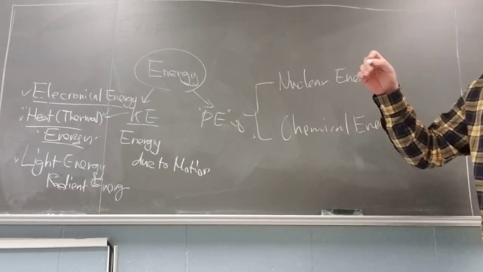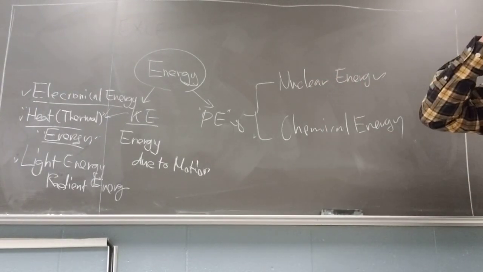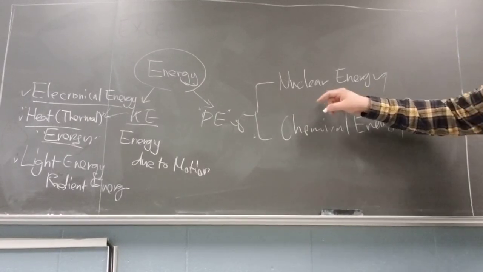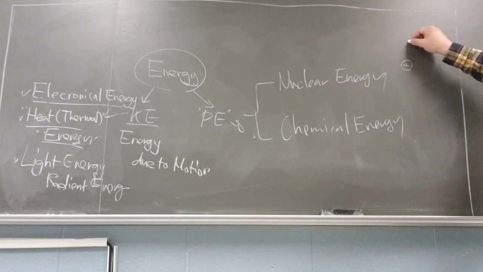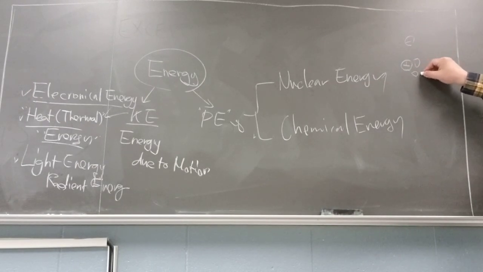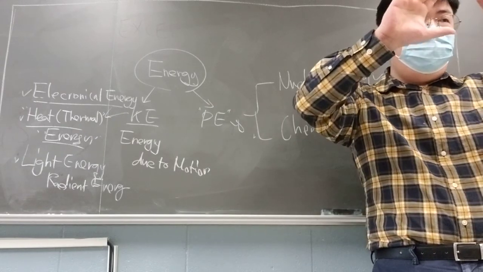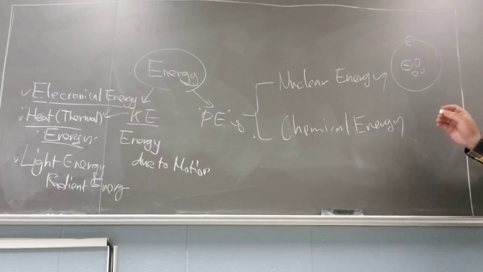But I'm not going to go very deep into nuclear energy because it involves too much physics. But anyway, because of maintaining something positive and negative and outside, they should have a great amount of energy to hold the position.